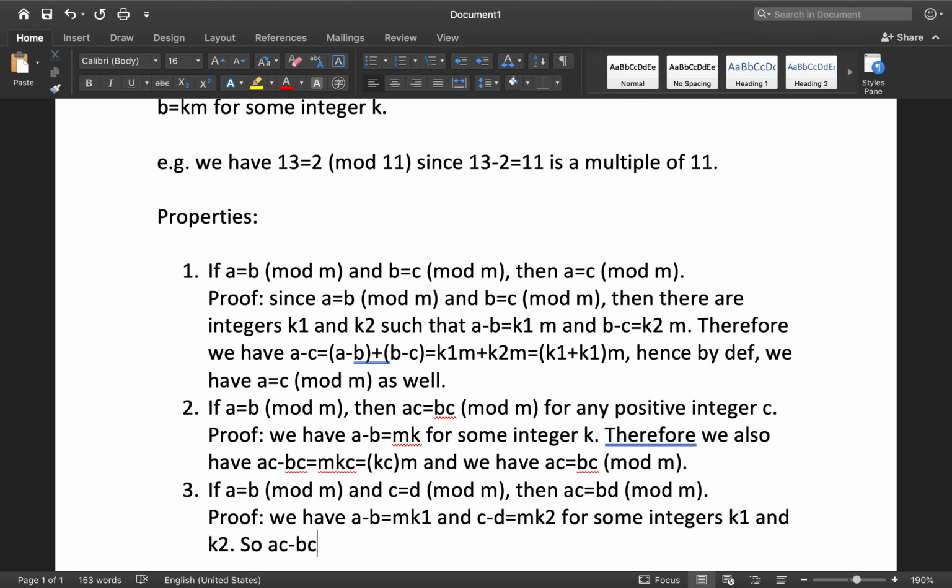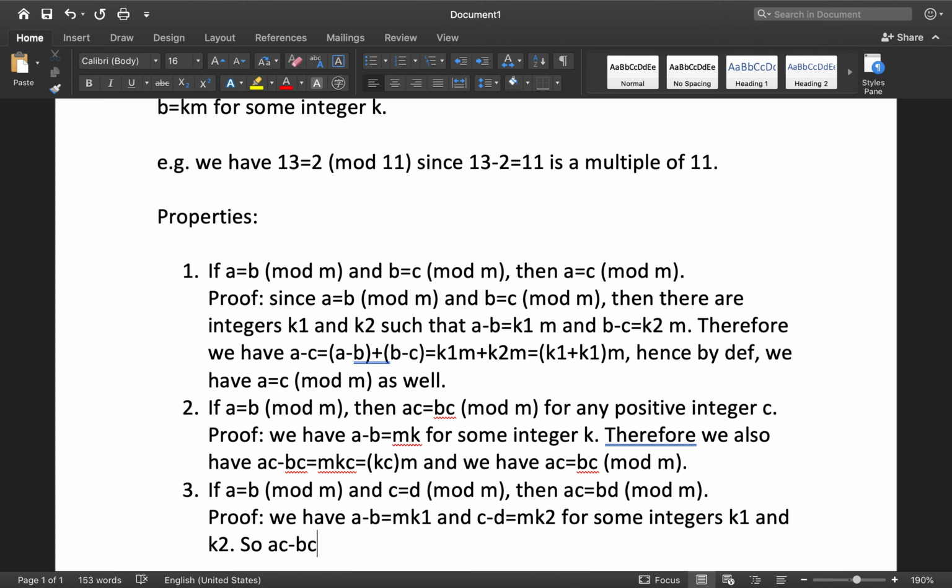But before you can really take the difference AC minus BD, you have to do some tricks. For example, you might have to add something and subtract something. That something here is BC. Let's see why that is our key for the problem.